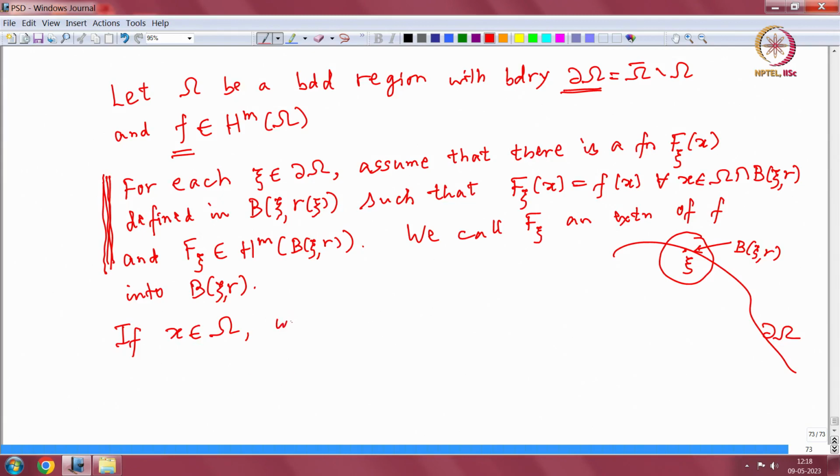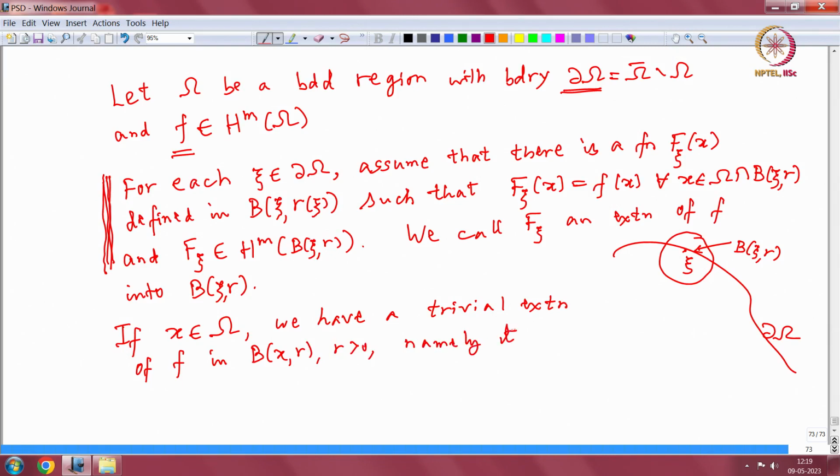So, we have a trivial extension of f in B x r for some r positive, namely f itself. So, here there is no problem.